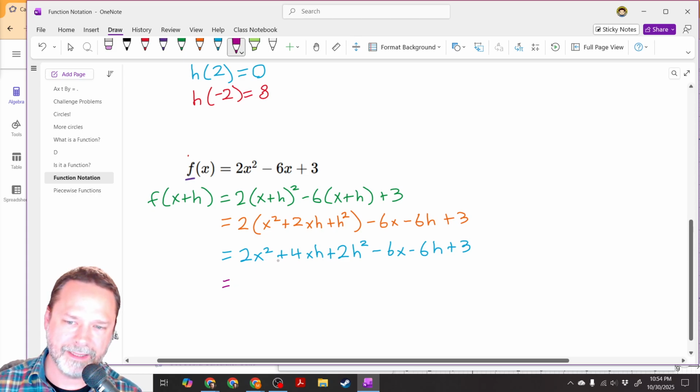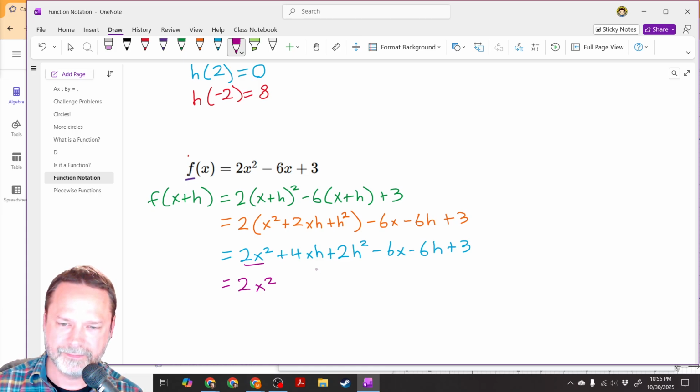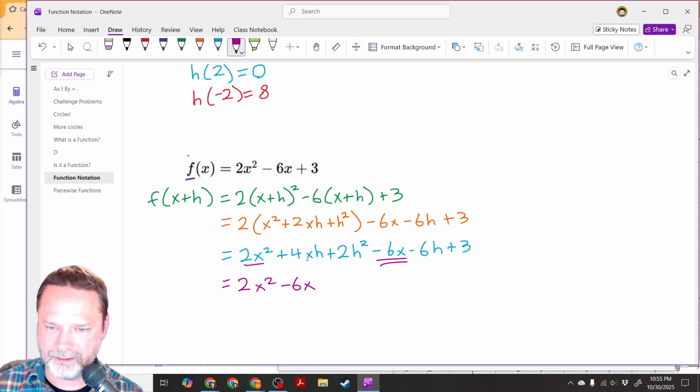Now we combine like terms. X squareds, there's only the 2x squared, so we're okay there. 2x squared. Then let's do x's. There's minus 6x. I don't see any other x's, so minus 6x. Then let's do xh's. I only see that, so plus 4xh.